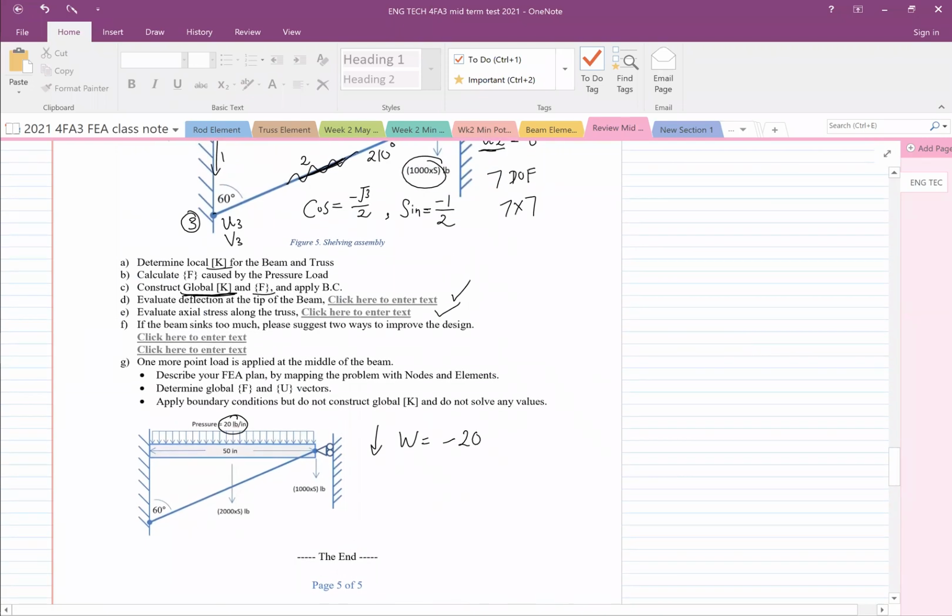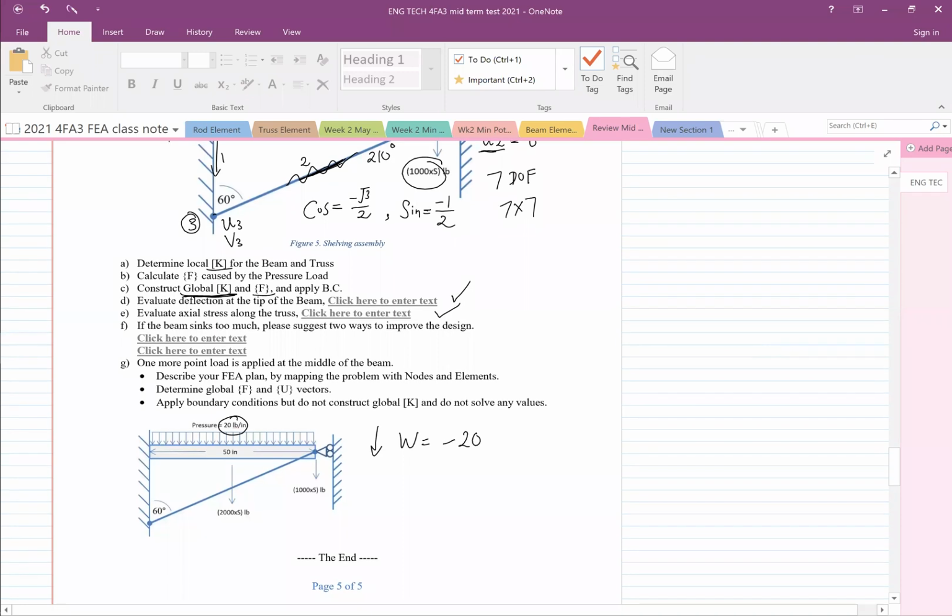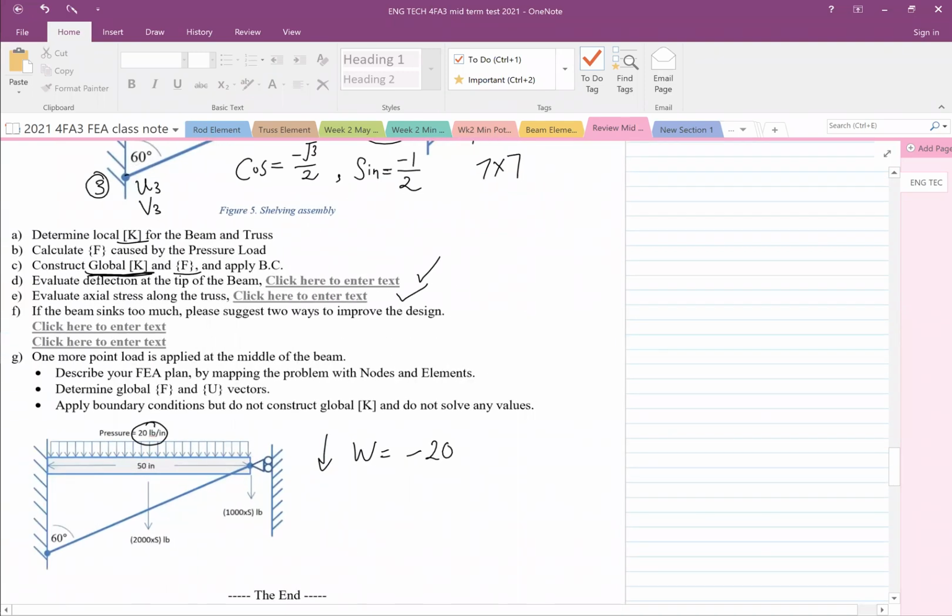If the beam sinks too much, please suggest 2 ways to improve the design. Many ways to improve it.